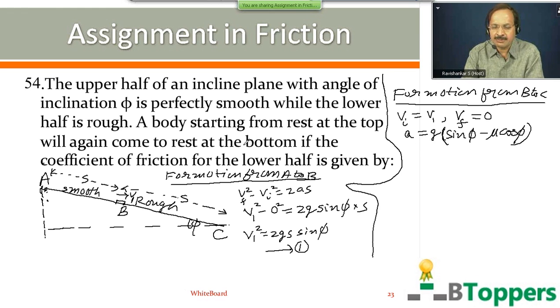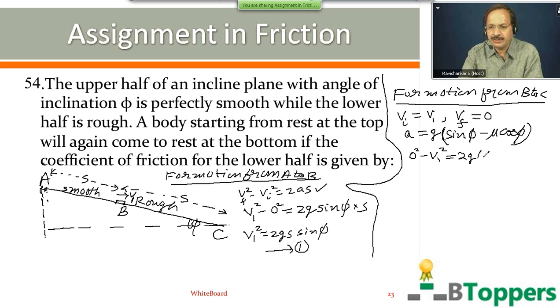It is given that the body starts from rest at the top of the inclined plane and comes to rest at the bottom. So the magnitude of displacement for motion down the rough part of the inclined plane is the same as for motion down the smooth part. So again use the same equation Vf square minus Vi square equal to 2as. Here Vf is 0, Vi equals V1.